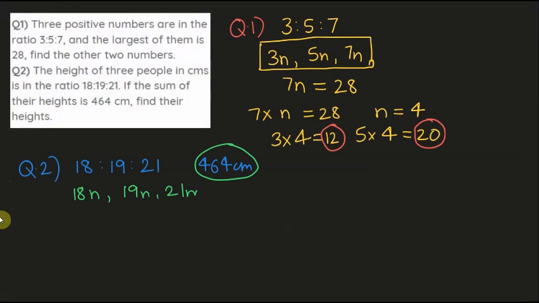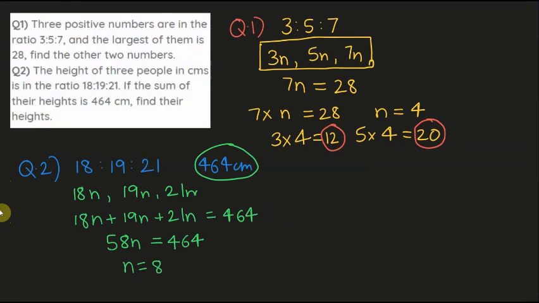Let me write that down: 18n plus 19n plus 21n is equal to 464. Now we'll add this: 18 plus 19 plus 21, into n. So this will be 58n equal to 464. 58 is multiplied by something to get 464, and if you do the math, we get n as 8. So n is equal to 8 in this case.